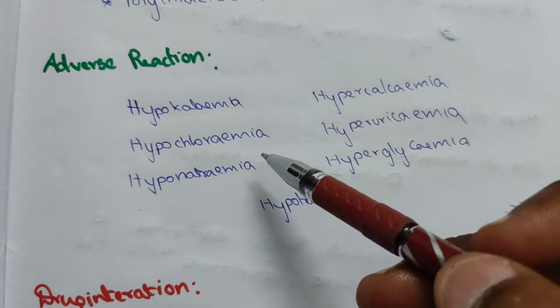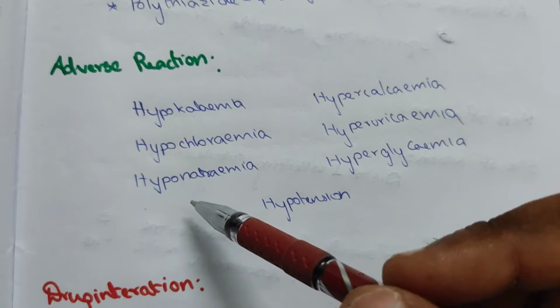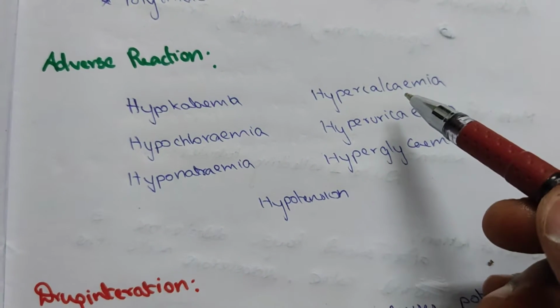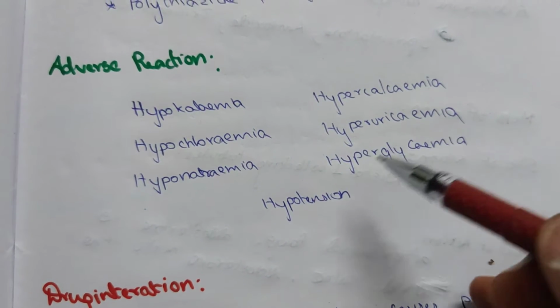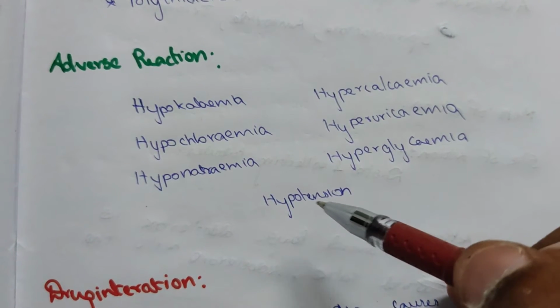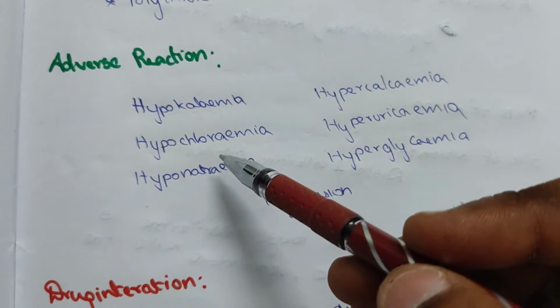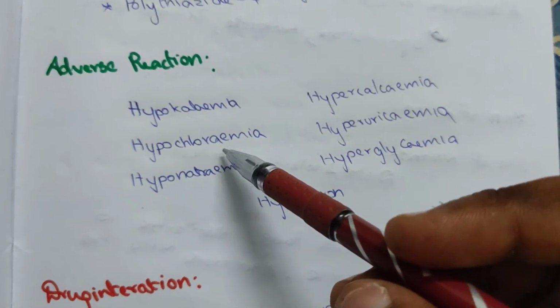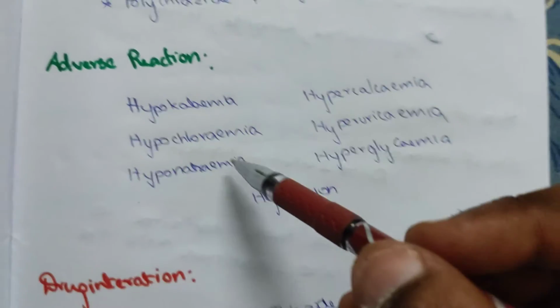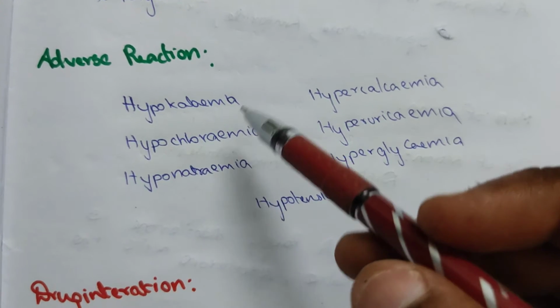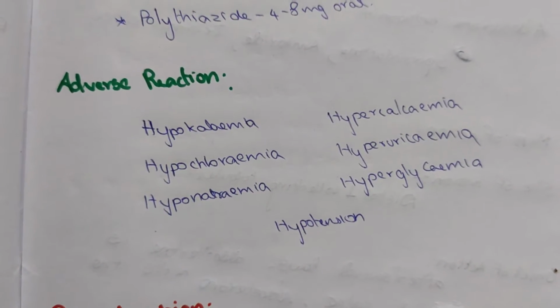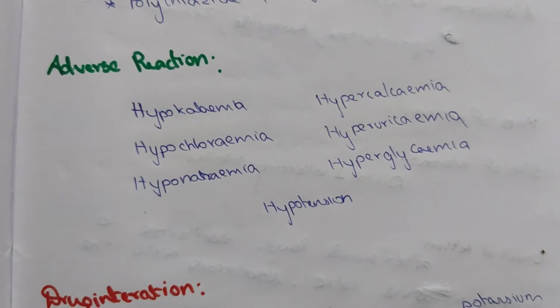Adverse reactions: hypokalemia, hypochloremia, hyponatremia, hypercalcemia, hyperuricemia, hyperglycemia. These are the adverse effects. Hypokalemia and hypochloremia are due to the more excretion of sodium as well as chloride as well as potassium. Potassium, sodium, chloride are excreted.